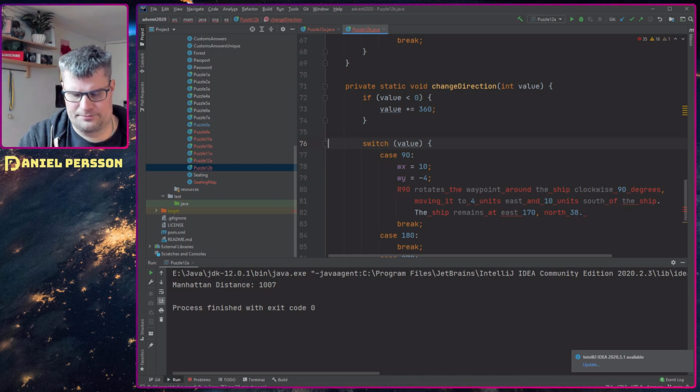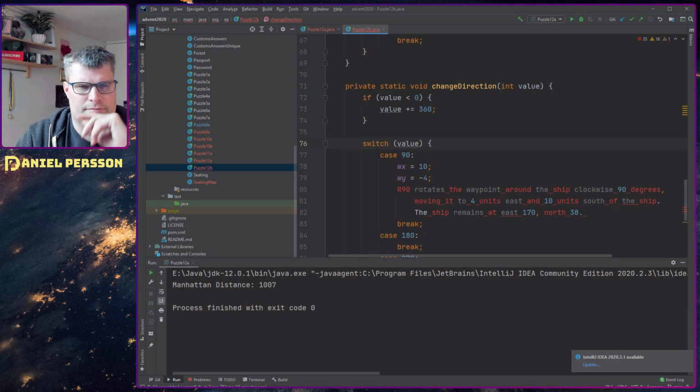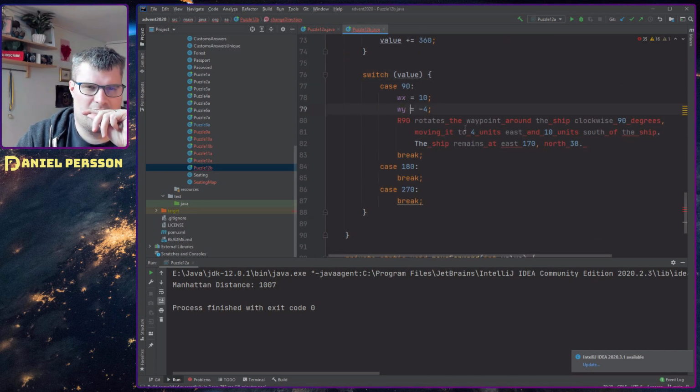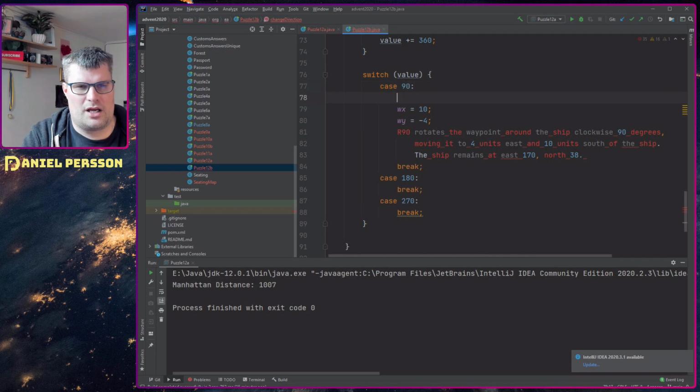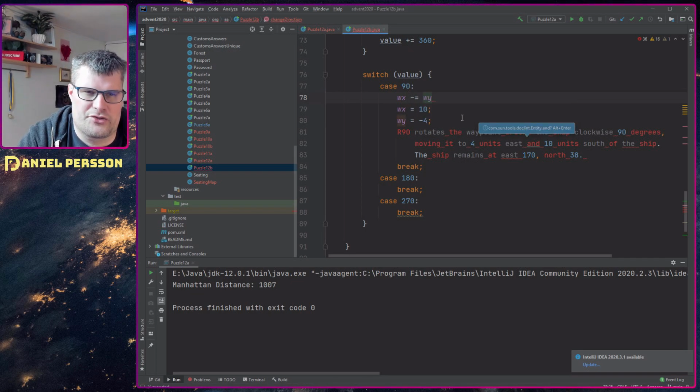So here the yx would be equal to minus yi, because that would make the eastward direction correct.